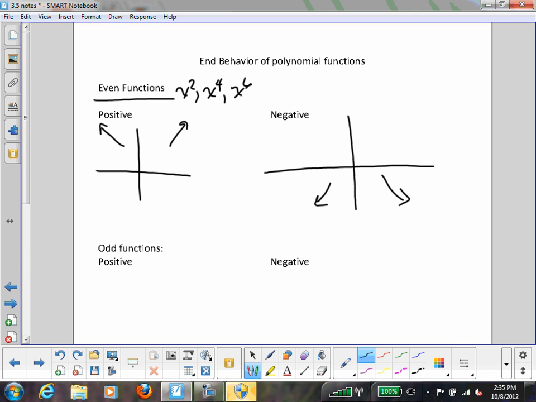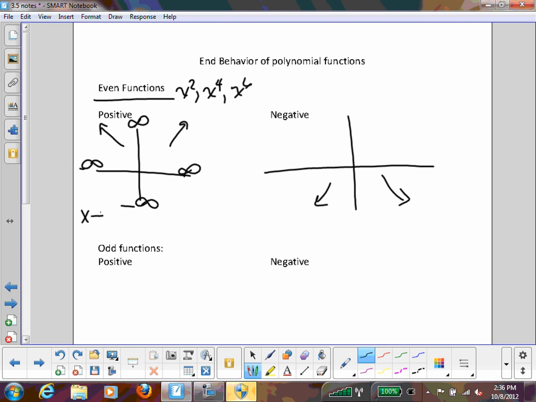So these are where your tails will fall if your coefficient is negative. Do you remember doing this? This was chapter 5 last year. All right. So this is positive infinity on the x-axis. This is negative infinity. This is positive infinity on the y. This is negative infinity. Do you remember doing this now?